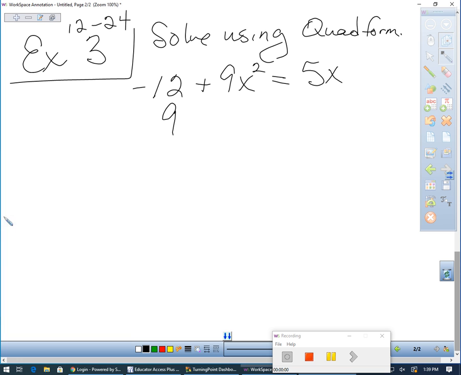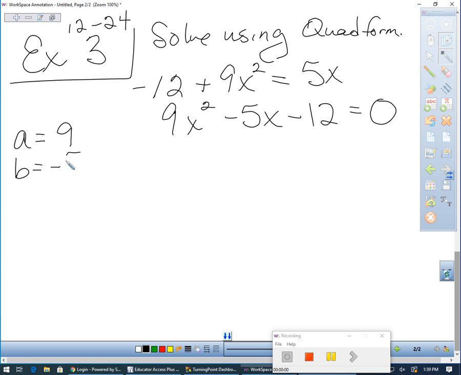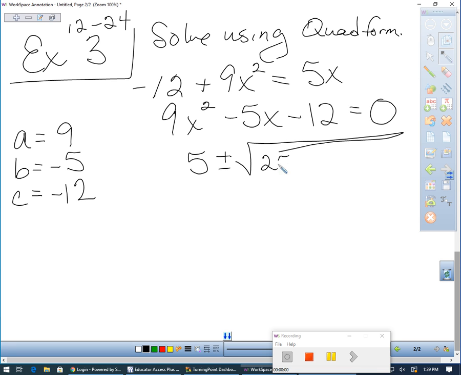I want to change it. Sorry, guys. So I have 9x squared minus 5x minus 12 equals 0. Okay. So what's my a value? What's my b value? And what's my c value? Perfect. All right, so we have negative b, which is going to make that a positive 5, plus or minus the square root. B squared is how much? Good.